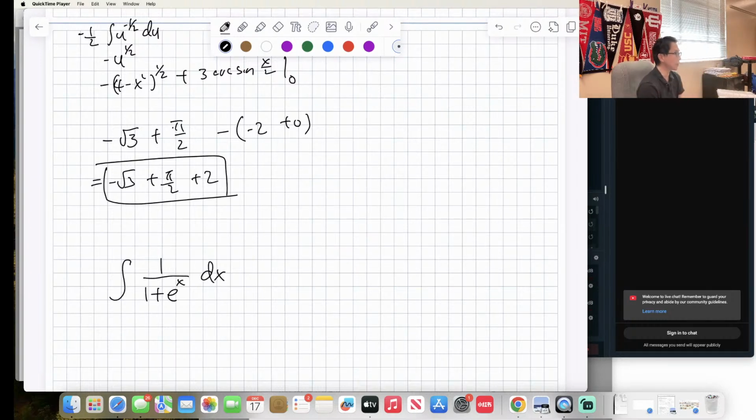This one you need creativity now, because this is some integral you know how to do, but it's kind of disguised in a weird way.